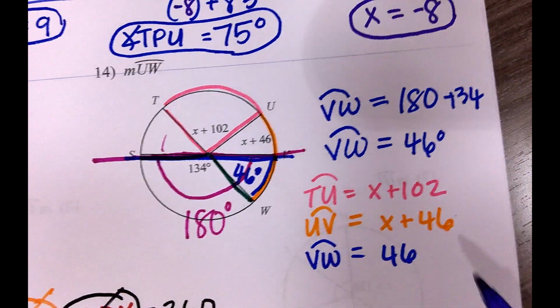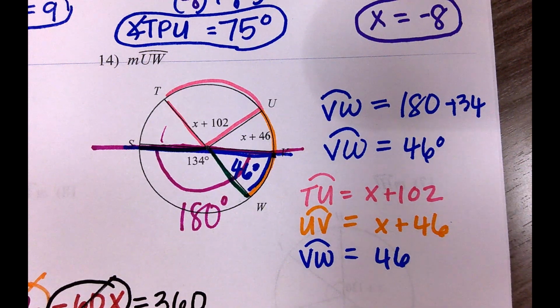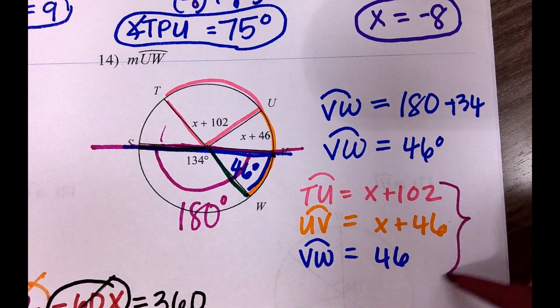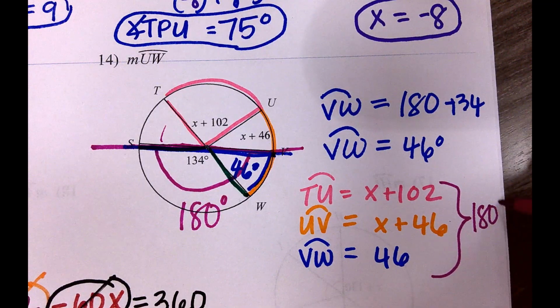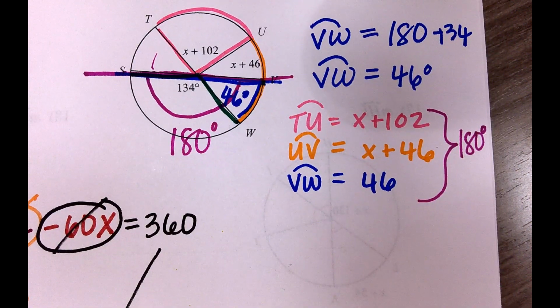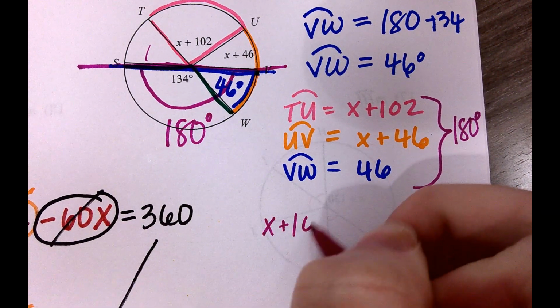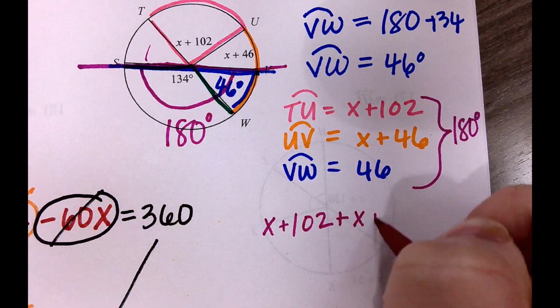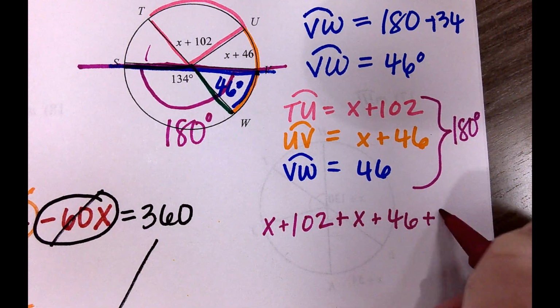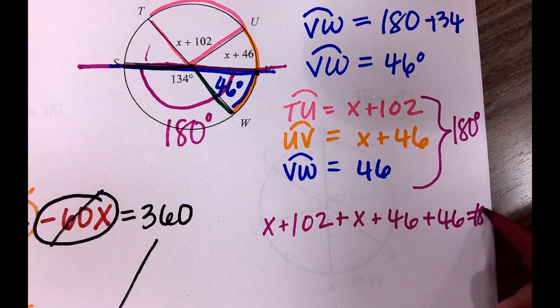We can add all three of these together and they're equal to 180. So I'm going to stick these in an equation: x plus 102 plus x plus 46 plus 46 again equals 180.